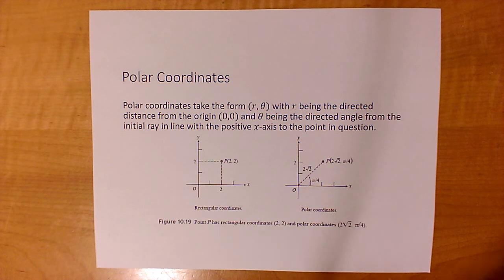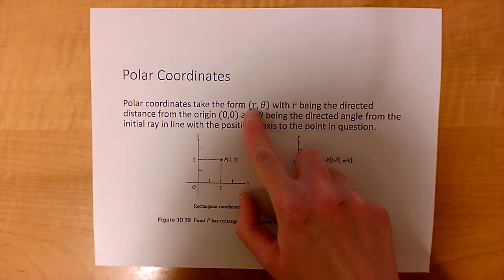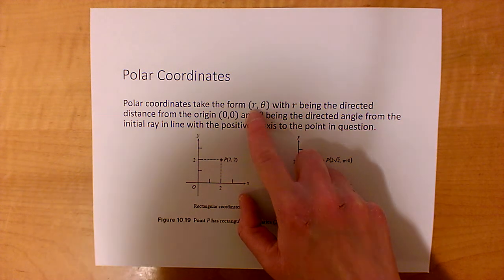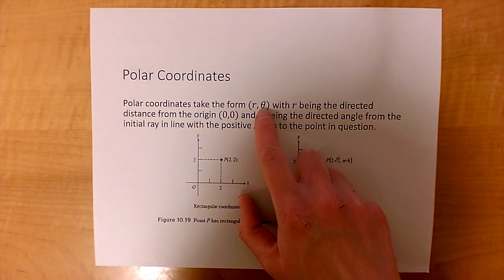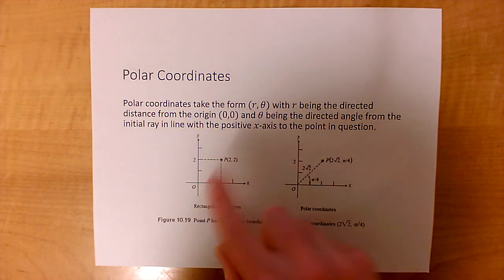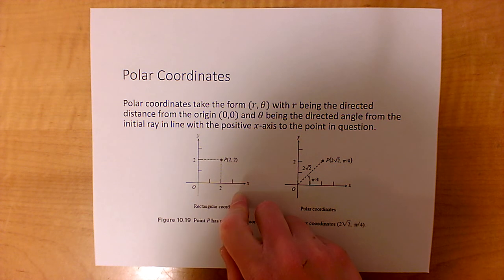And parametrics, you've got three variables, you've got x and y, and then you can write x and y in terms of your third variable, t or theta or whatever you want to use. And then polar coordinates, they have two coordinates. The first one, r, is your radius or your distance from the origin, and then the second one, theta, that's your angle going up from your positive x-axis.